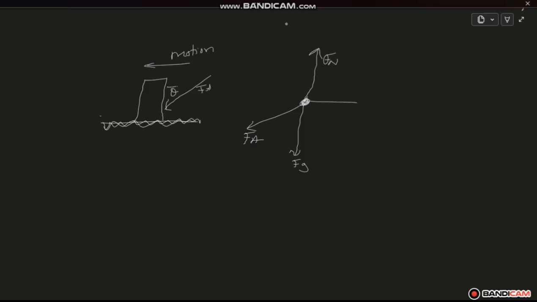It means that the direction of motion was to the left, meaning FF will go to the right. This is the free body diagram, but let's show its components. So you have FAX here and FAY. So you can use these two horizontal forces to substitute them on the FNet side.